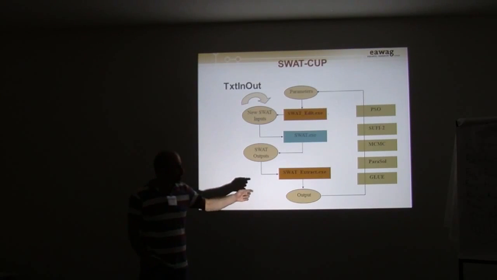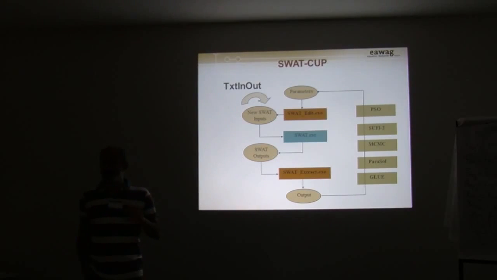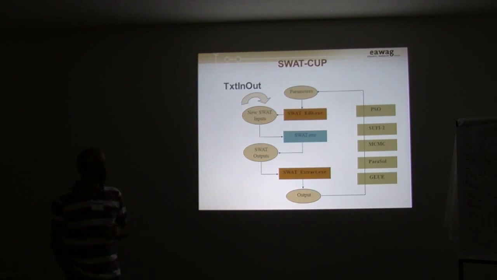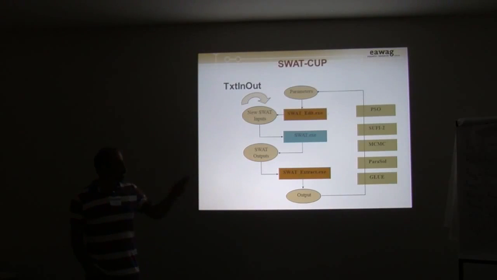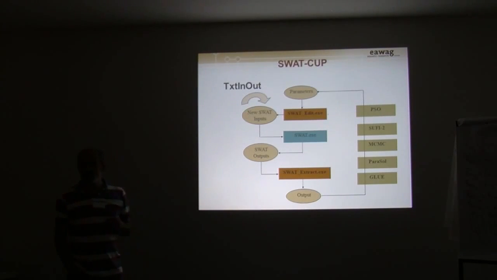There is ParaSol. GLUE is a semi-Bayesian-based program. ParaSol is based on shuffled complex evolution. There is MCMC, Markov chain Monte Carlo, a fully Bayesian approach.